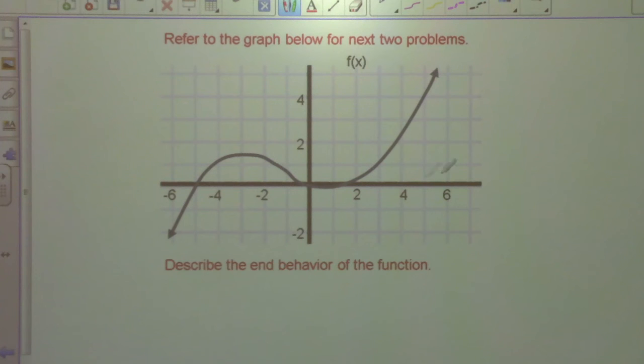Same graph, but now asking for the end behavior of this function. As x approaches negative infinity, f of x approaches negative infinity, you're saying?